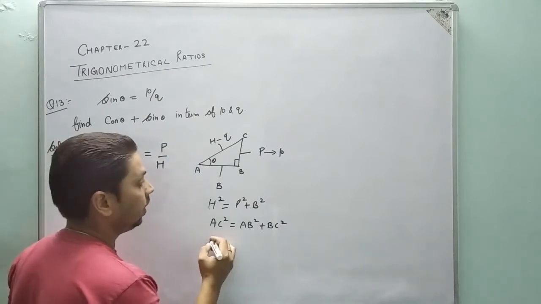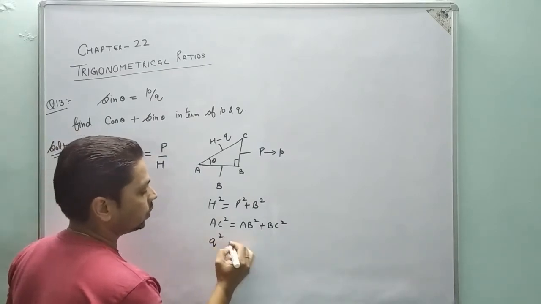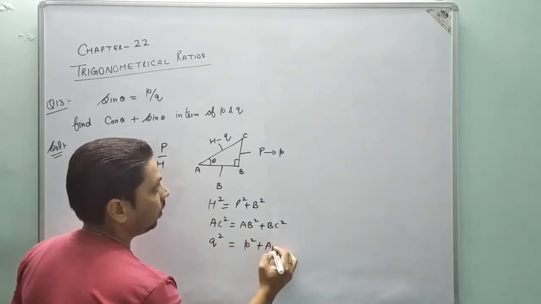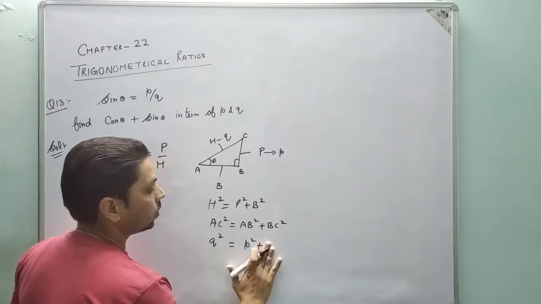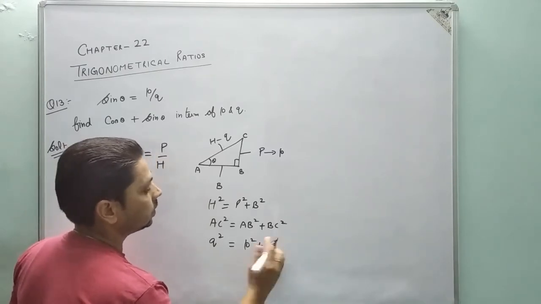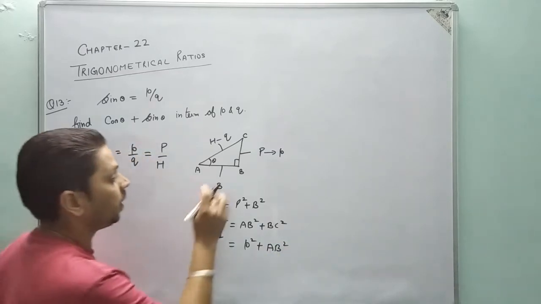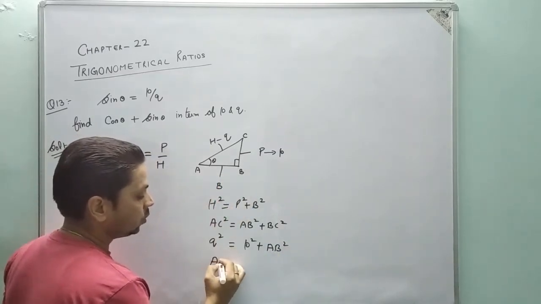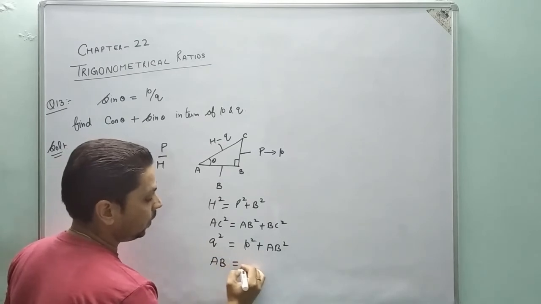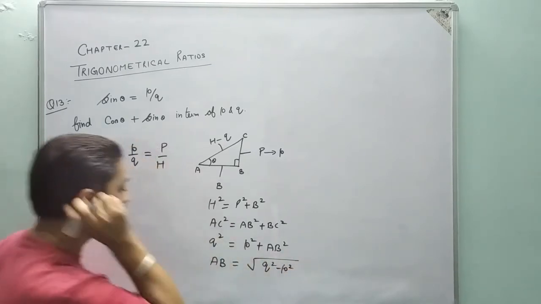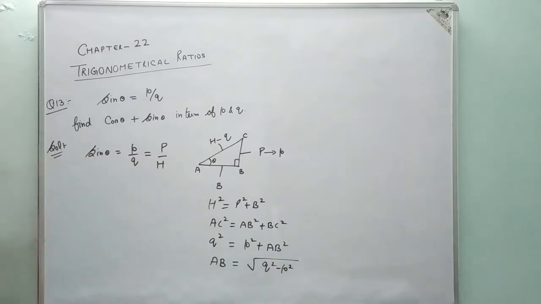AC is Q, so Q square is equal to P square plus AB whole square. We have to find the value of AB. So AB will be equal to square root of Q square minus P square.